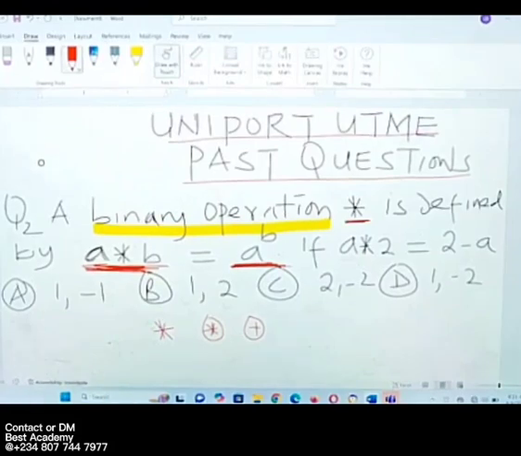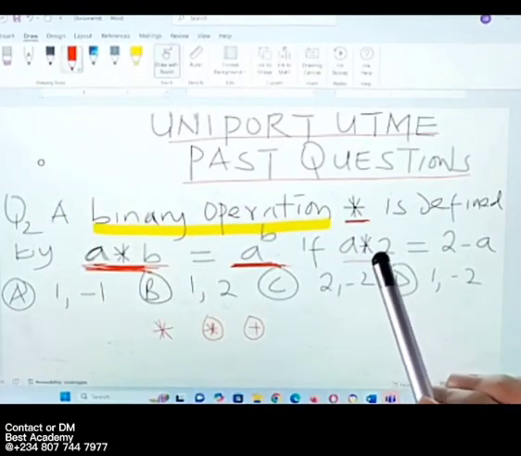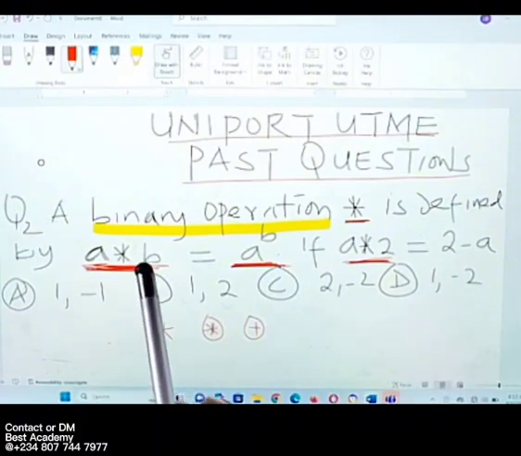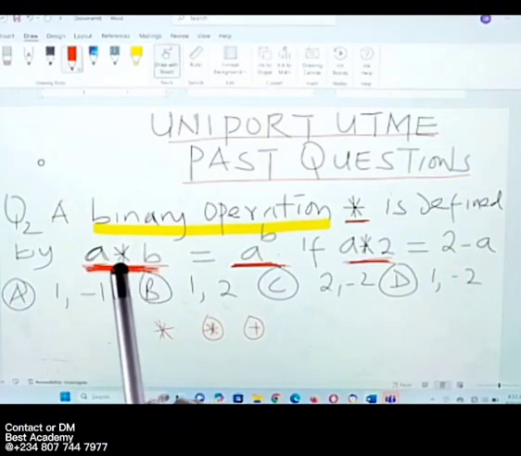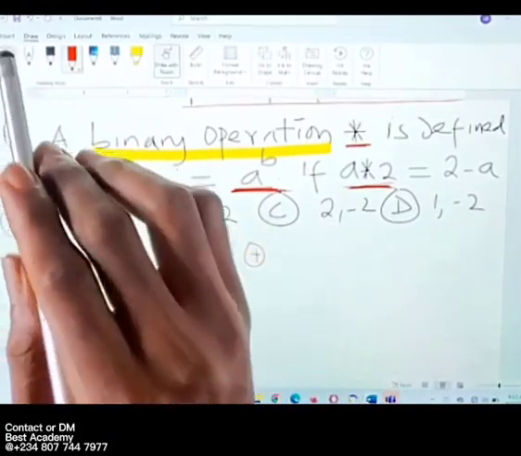But anything written at the left side is always the binary operation, while anything written at the right side is called the mathematical operation. So in this particular question, A asterisk 2 is taking the place of the binary operation part, which is this here. So on that comparison, let's just solve the question first.